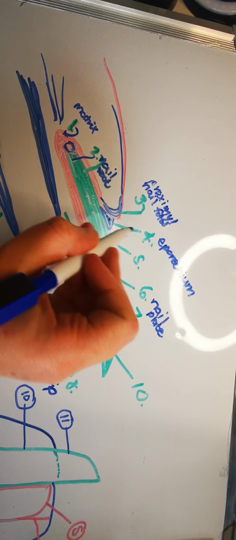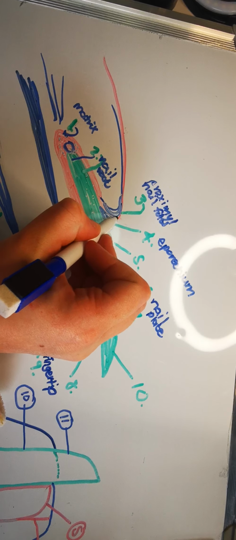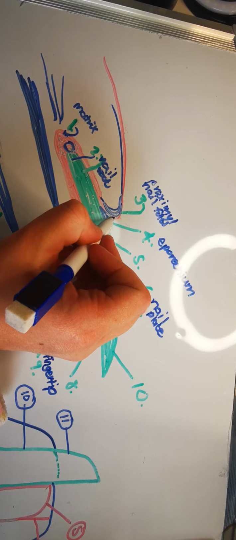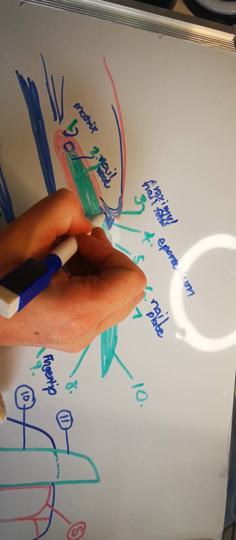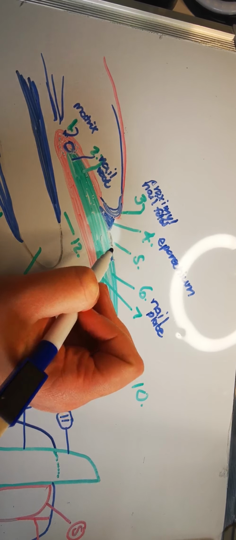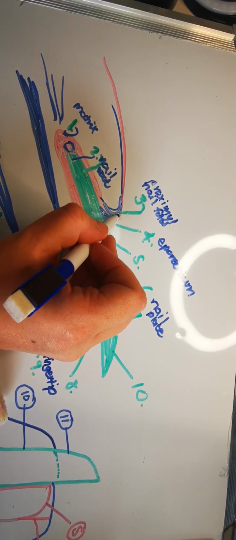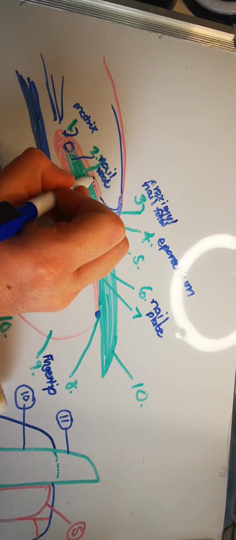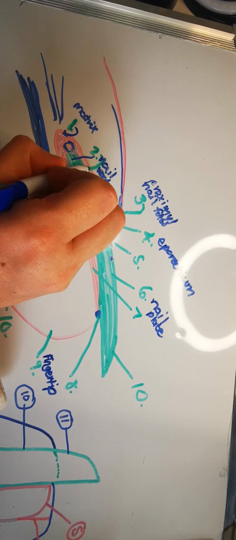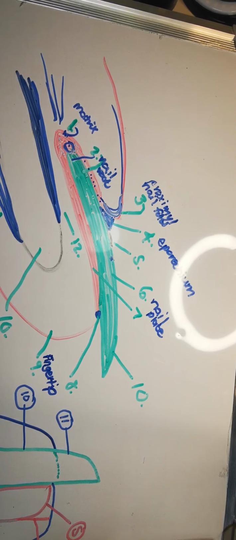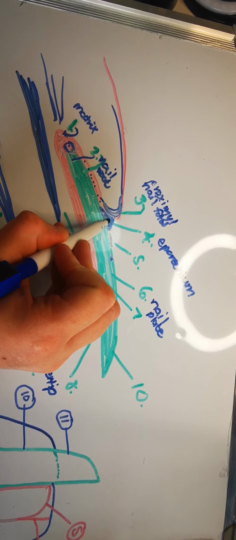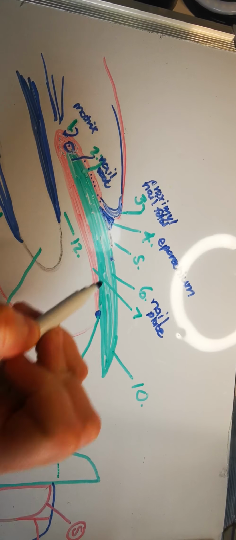Your eponychium is the seal that seals your proximal nail fold to the nail. So it seals it so bacteria and virus and dust and dirt can't get to your matrix. So this part is very, very important.